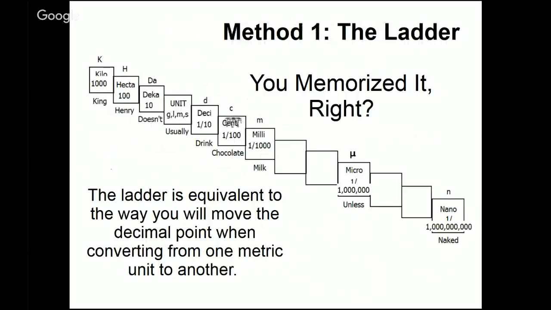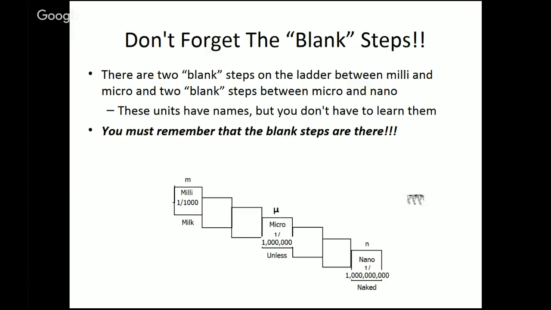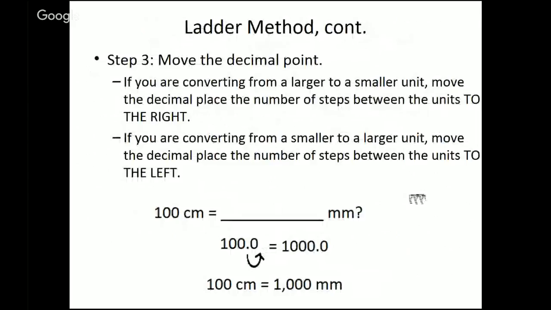To get from centimeters to millimeters, it's 1 step to the right. And then from millimeters down to micro is 1, 2, 3. From micro down to nano is an additional 1, 2, 3. So we've got 1, 3, 6, 7 steps to the right to get from centi down to nano.